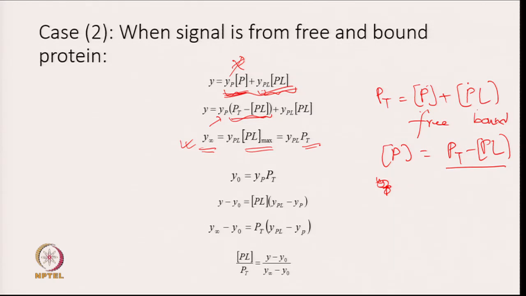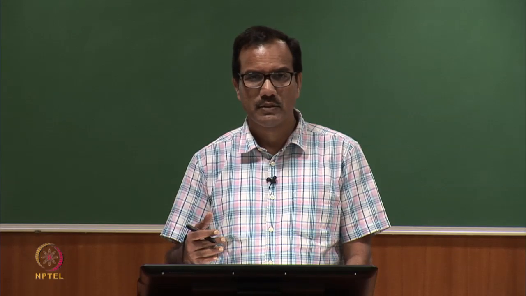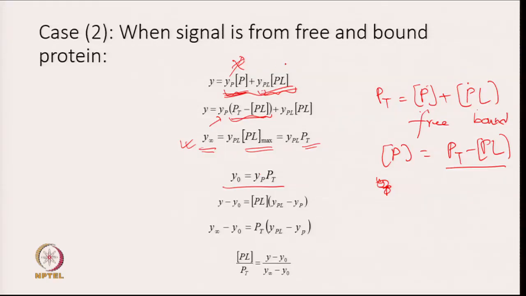And now we can also calculate the value of Y0. Y0 means you have not added the ligand, when ligand concentration is 0, and in that case none of the protein has gone to complex, which means all of the protein is in free state, and so there will be no contribution from the complex, because complex has not been formed.